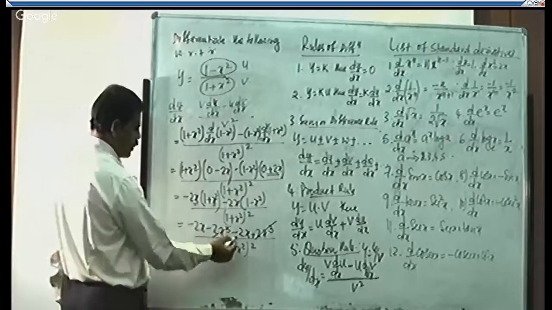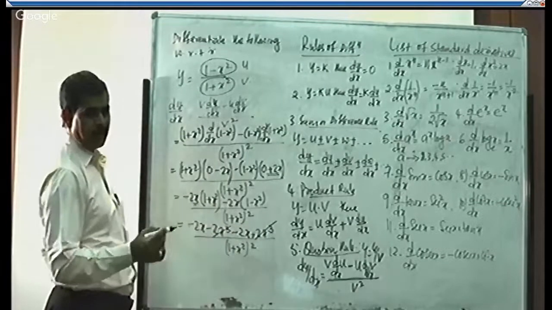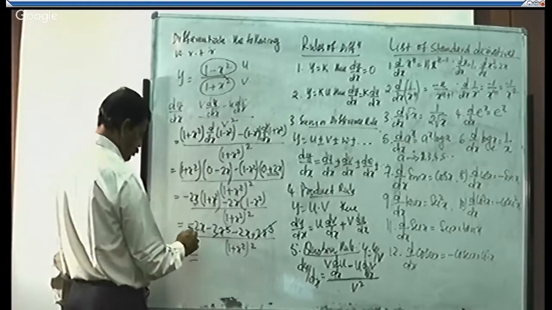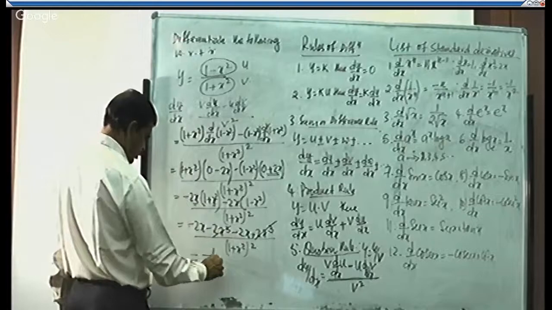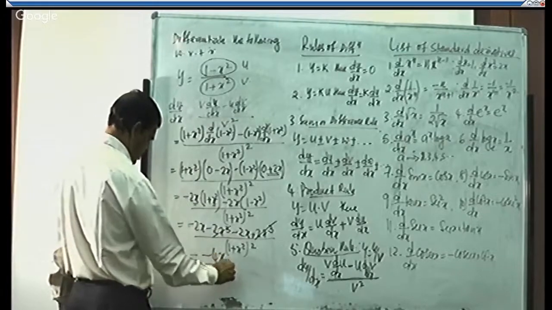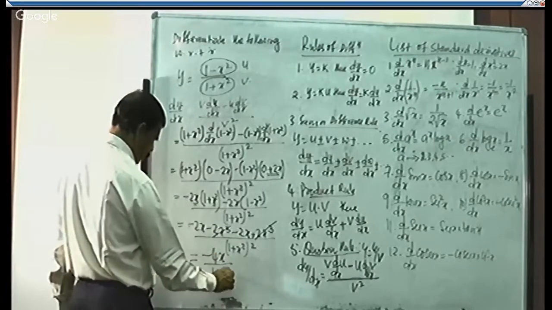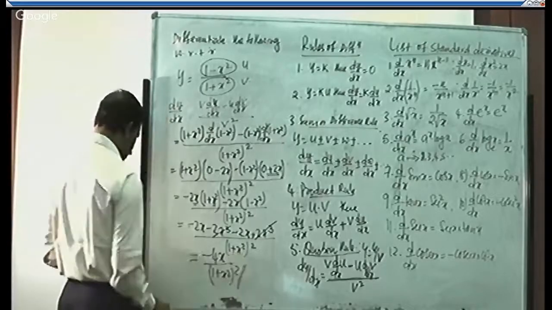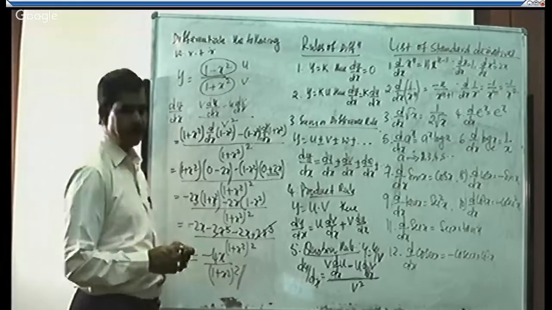Minus 2x minus 2x: if they have the same sign, then we should go for addition. Minus 2x minus 2x is minus 4x, whole divided by 1 plus x square whole square. This is the answer after simplification.